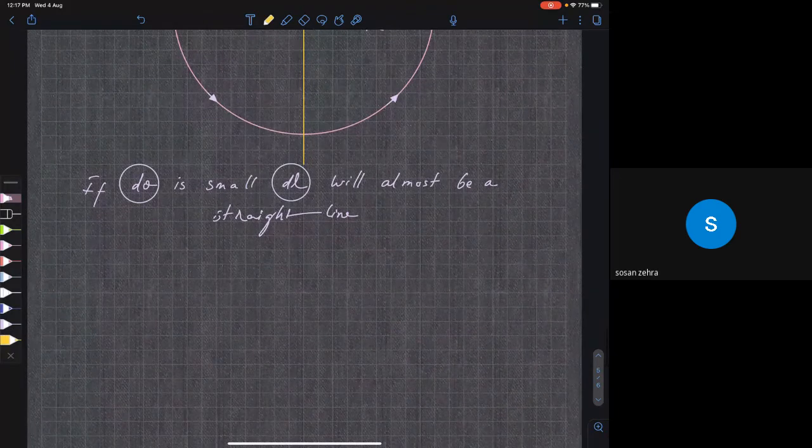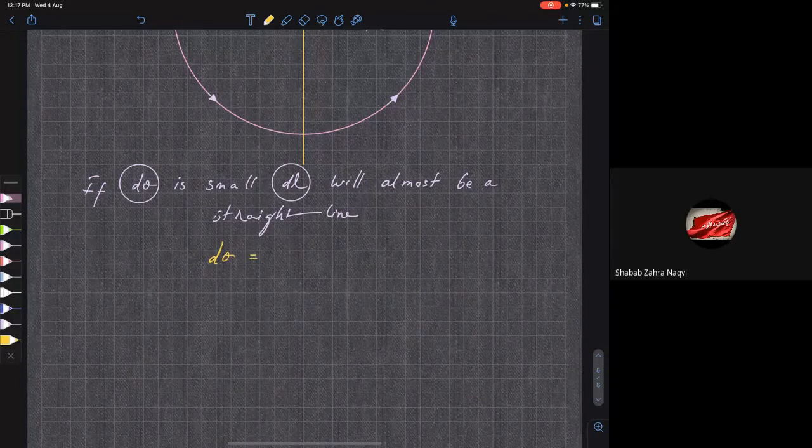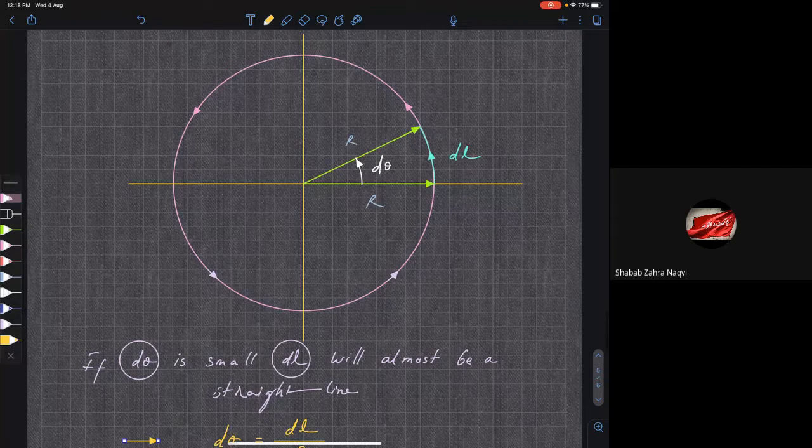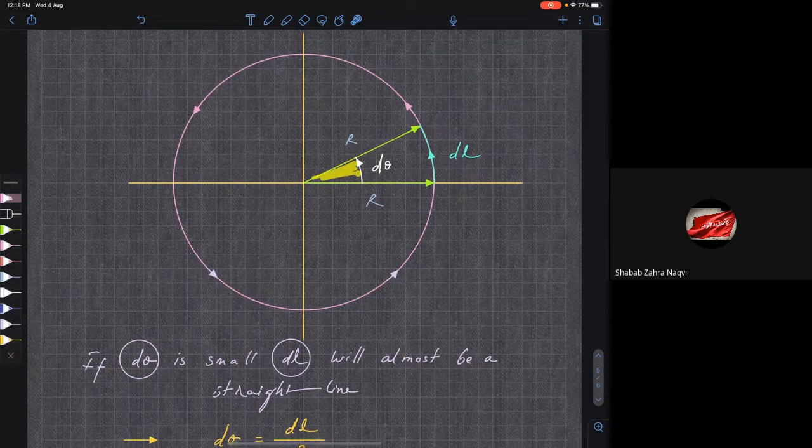How do you know that? This is the definition of what? Angle, right? Angle is arc length divided by radius.